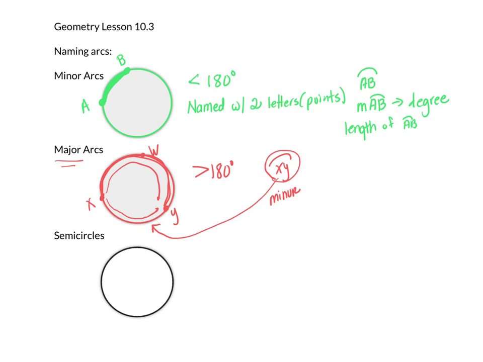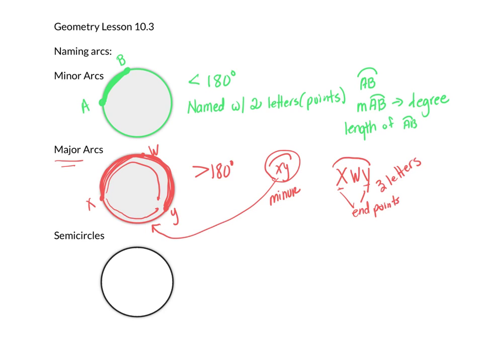So the big arc, the major arc, from X to Y by way of W will have to be named with those letters in the order. I'm going from X to W to Y. So I'm naming my major arc with three letters. The two on the ends are the end points of the arc.